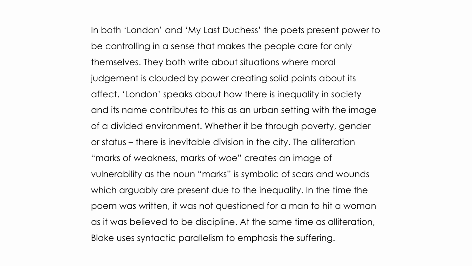Think about control. Look at your poem London and consider, what is that key quotation, that key image that really shows control? It's not that marks of weakness, marks of woe is a bad quotation, but is it showing that people are being controlled or that there is a moral judgment being clouded?